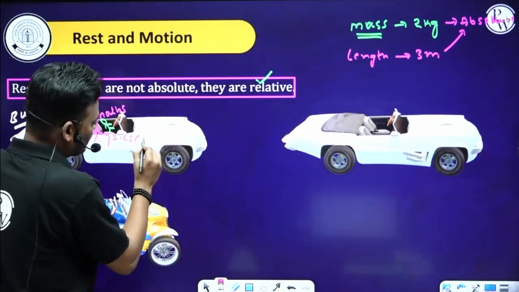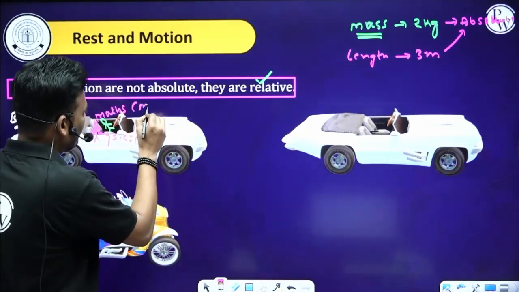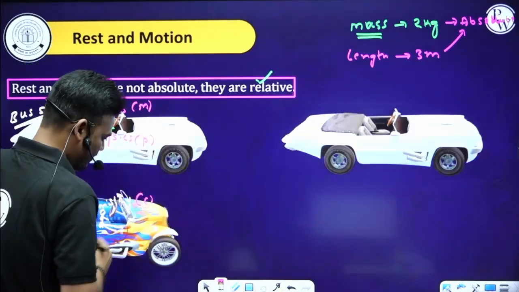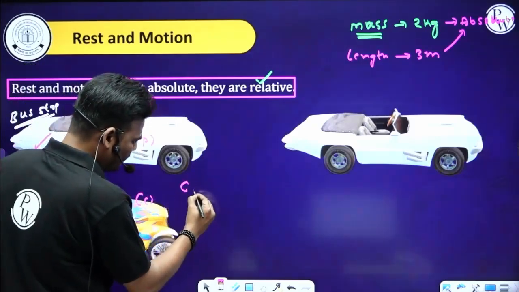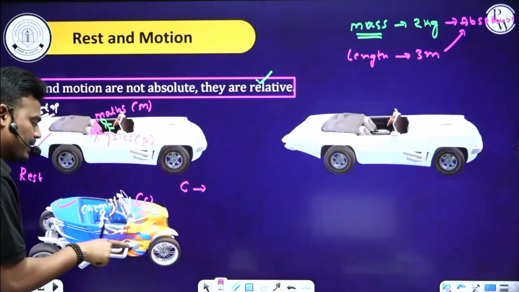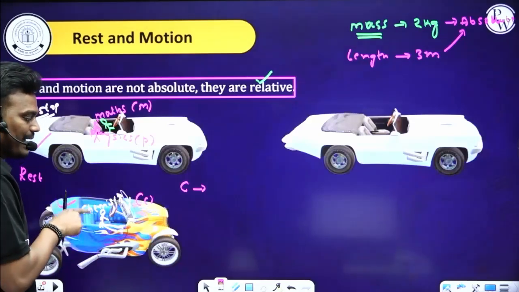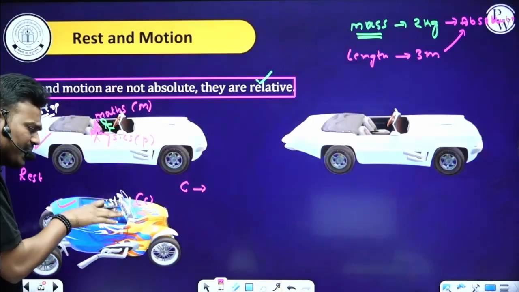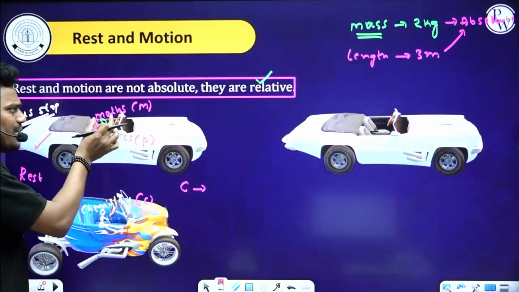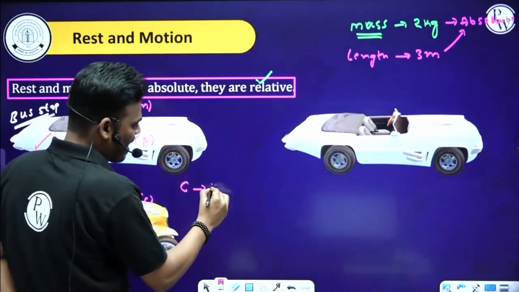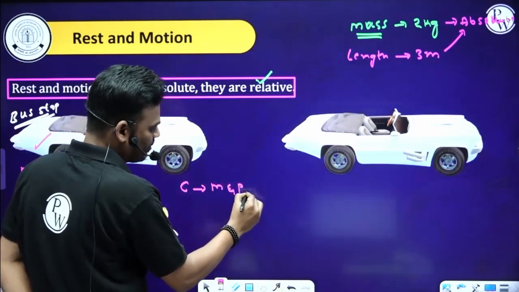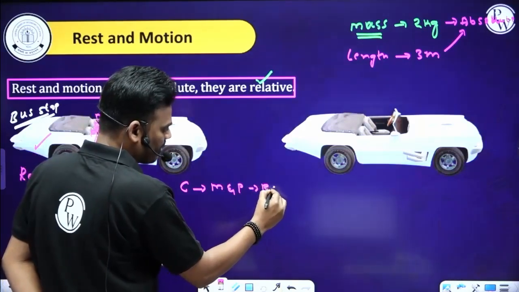Physics I'll label as P, maths as M, and chemistry as C. In this particular situation, the observer is chemistry. With respect to chemistry, what is the state of maths as well as physics? Maths and physics both are at rest.